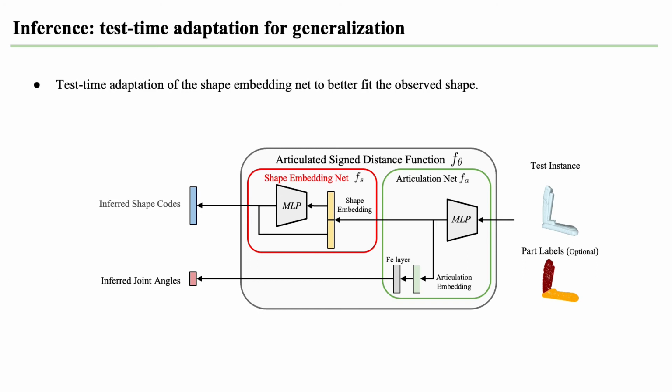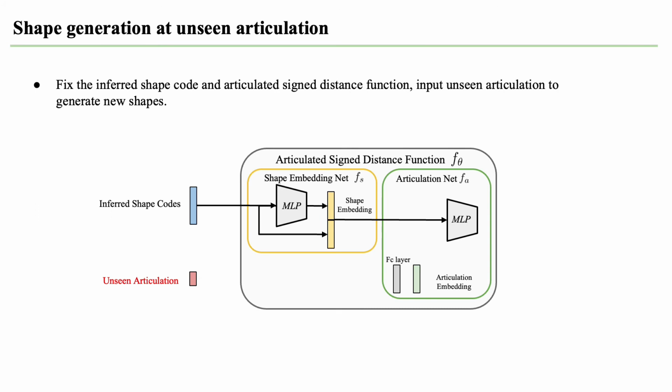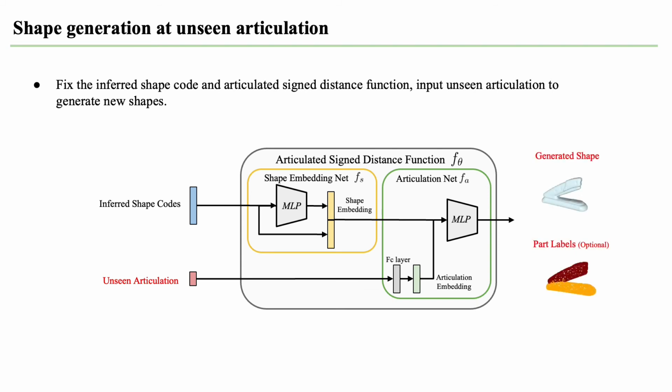At the same time, the parameters of the articulation network, the inferred shape, and the articulation codes remain unchanged. Note that due to the separation of the shape embedding network and the articulation network, the disentanglement is still maintained when the shape embedding network is adapted. With the inferred shape codes and updated shape embedding network, new shapes can be easily generated by only changing the input articulation.